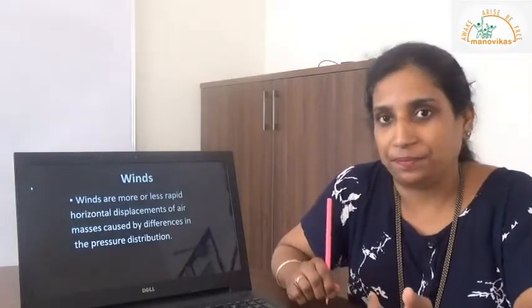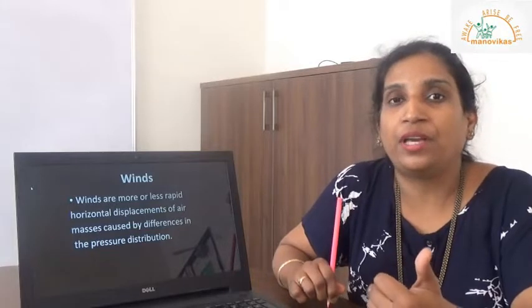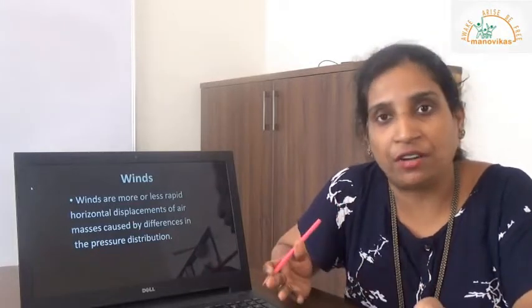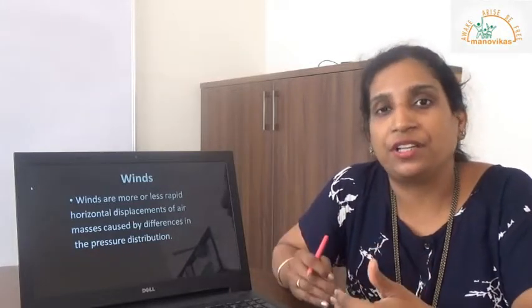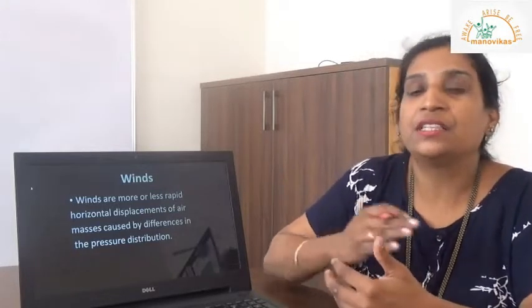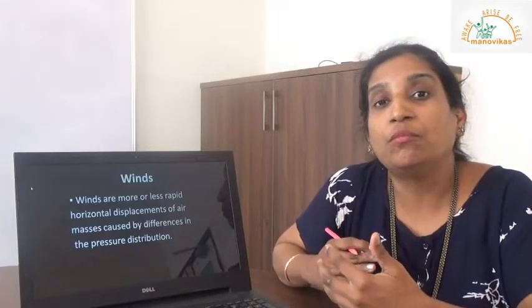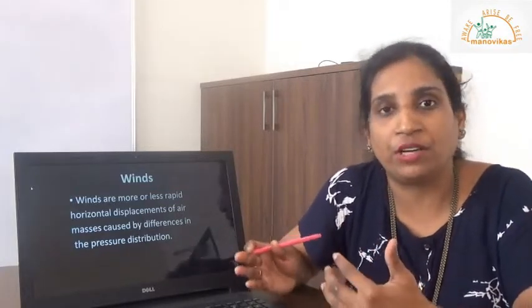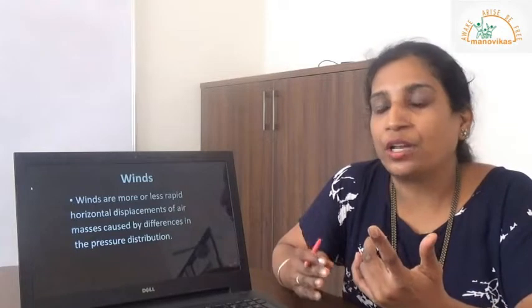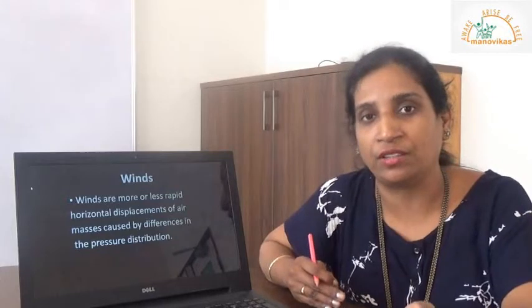Now let's see the third factor. The third factor is the winds. We all know winds play a major role in our life, or life on the earth, correct? Wind is the horizontal movement of air. Now why is wind generated on the earth? I told you about something called atmospheric pressure existing on the earth.